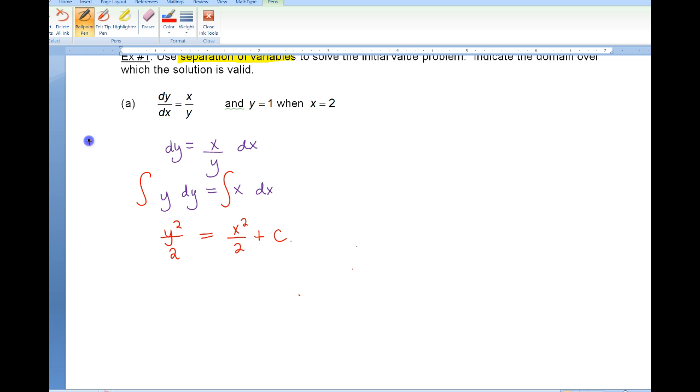Okay, so again, step 1, we separate variables. Why is it plus c on that side? Okay, technically it would be a plus c on both sides. It would be like this: y squared over 2 plus c1, and then x squared over 2 plus c2.